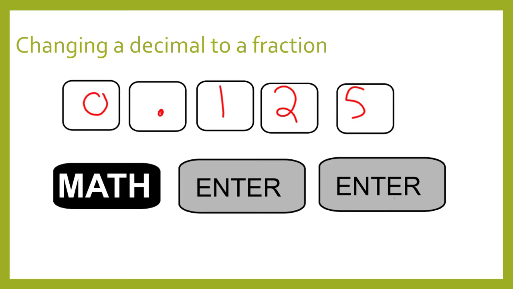It should have turned it into 1/8. Sometimes it will turn it into an improper fraction. So if you want to turn it into a mixed number, you have to do it yourself. Make sure you copy this on your notes.